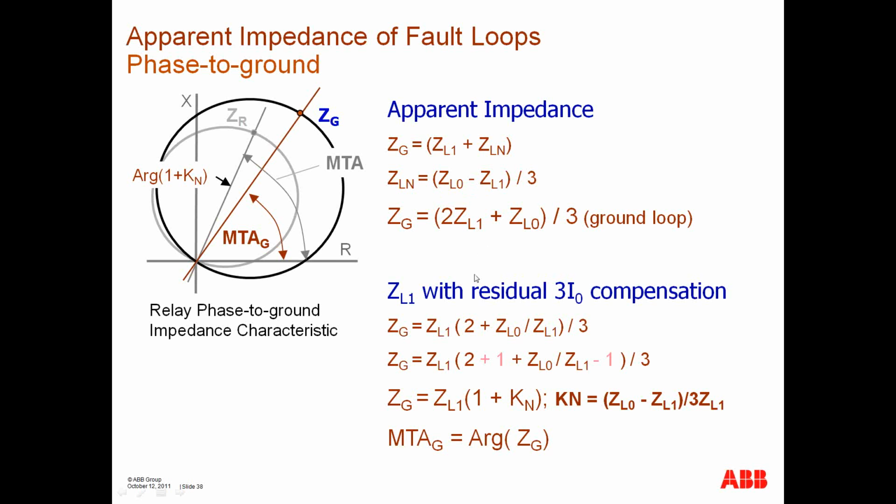With that, I come down here and determine that my ZG is equal to my positive sequence value times 1 plus KN, where KN is equal to this term right here. And then my ground angle, of course, would be the positive sequence angle plus or minus whatever this angle turns out to be of this quantity.